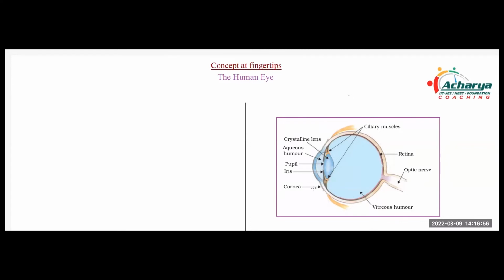From this, first we can see something called the cornea. So what is the cornea? The cornea is a thin transparent membrane in the bulged part of the eyeball.